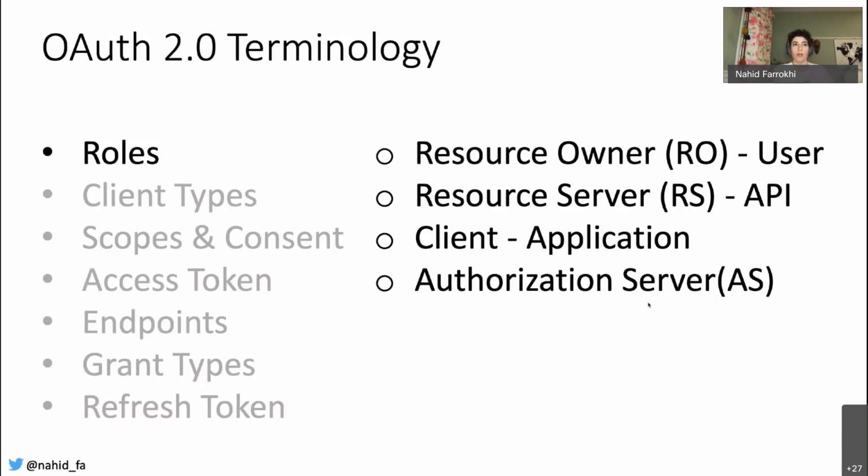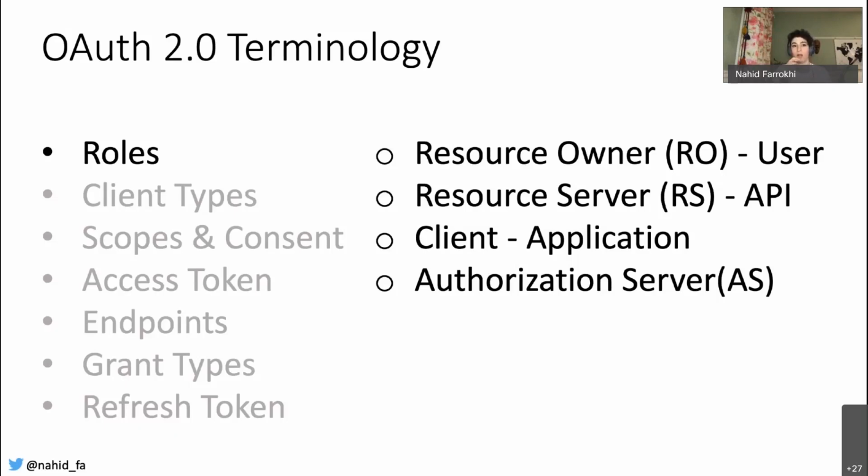So let's start with the roles. When we talk about the roles in OAuth, there are some keywords that may seem very complicated, like resource owner, or RO, which is the user, the person who is doing the delegation.